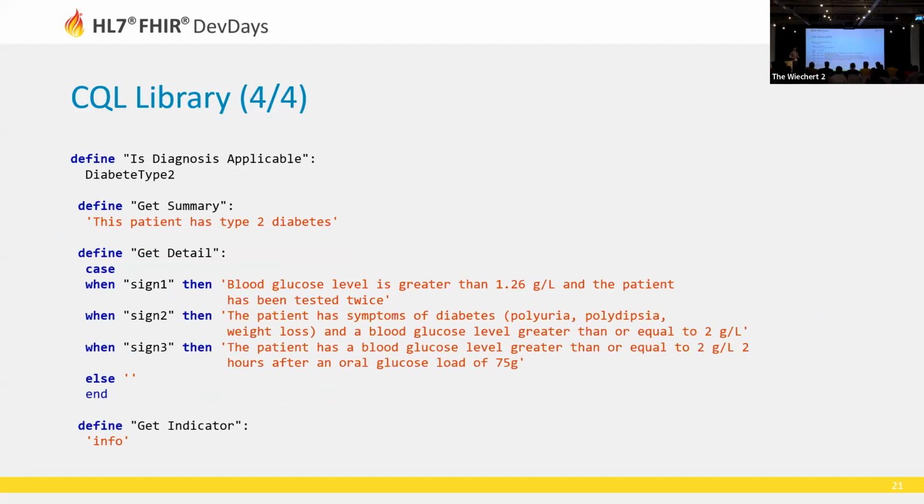Then you have the diabetes condition that we saw earlier that combines the three criteria. And then we have those three definitions that will help us build the card. So we will have the name of the card. So this patient has type 2 diabetes, some details about the criteria that we found, and then the indicator that is an info.